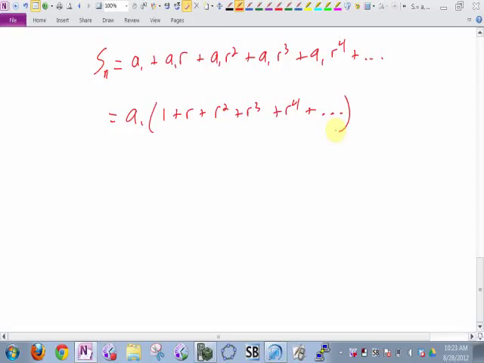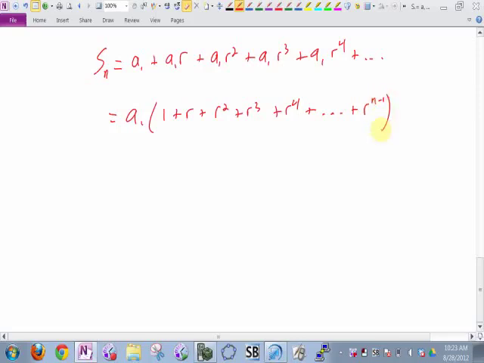Agreed? Well, isn't that essentially what we have here, but instead of x's we have r's and it's actually written backwards? So can't I replace 1 plus r to the 2nd plus r to the 3rd plus r to the 4th, and what's my last term? Isn't it r to the n? Or is it r to the n minus 1?